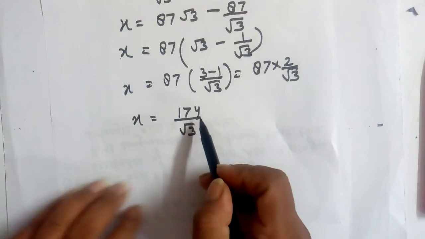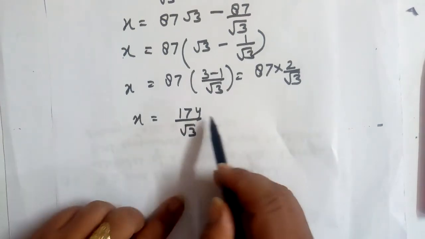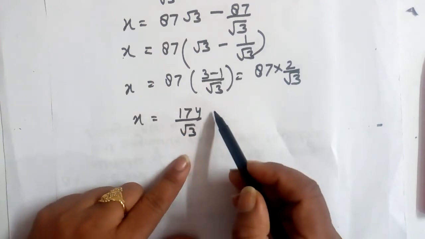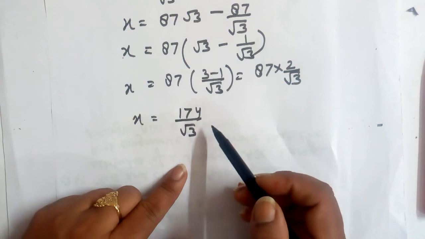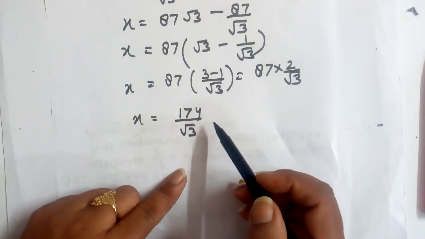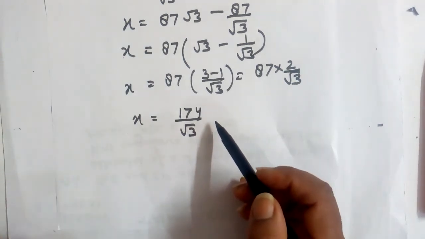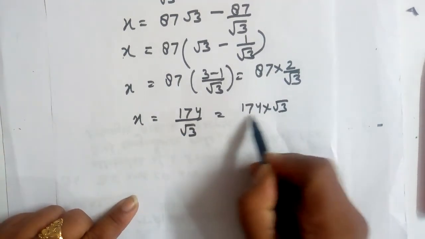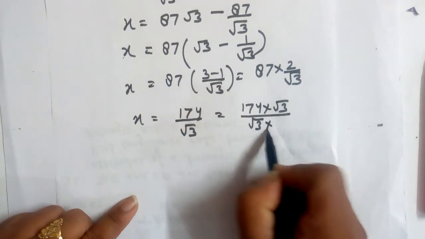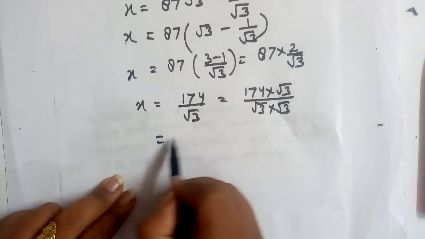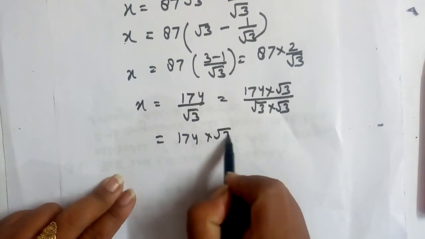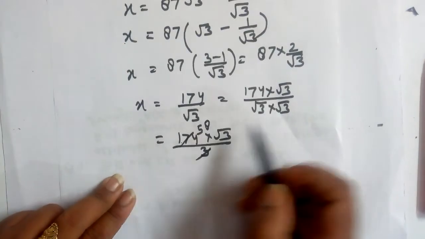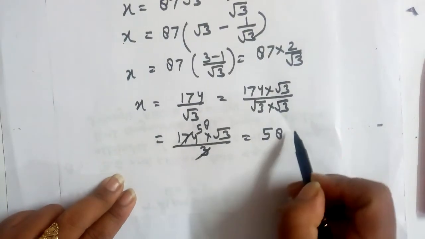Now what we have to do, we have to rationalize this. We will multiply root 3 in the numerator as well as in the denominator, as we already know what rationalization is, we don't want root in the denominator, so we are doing this. So 174 into root 3 upon root 3 into root 3, that will equal 174 into root 3 upon 3, and 3 5s are 15 and 3 8s are 24, so 58 root 3.